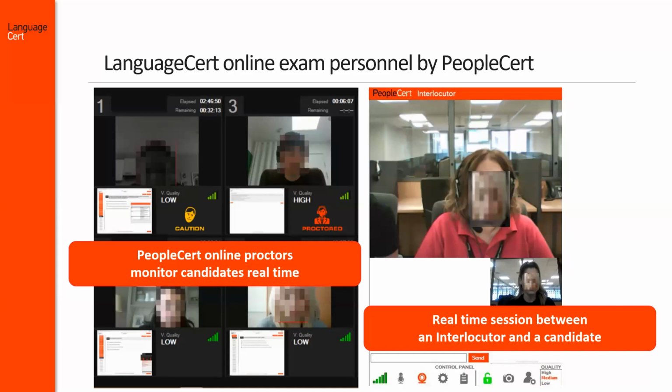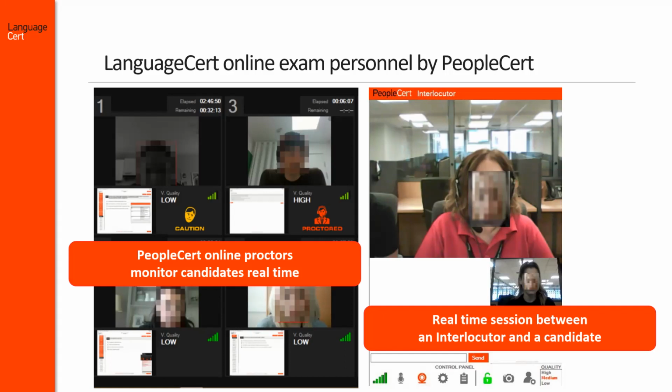The proctor can have a full view of the candidate's room through the candidate's camera. The first thing that the proctor asks you to do is to turn 360 degrees around your room with your camera or your laptop, so that nobody else apart from you is in the room.